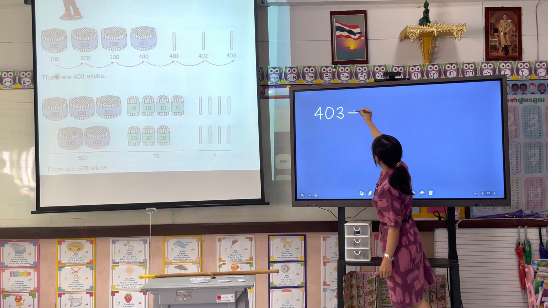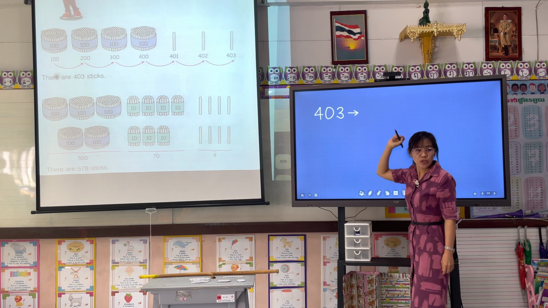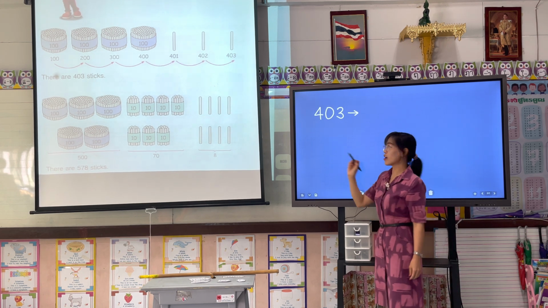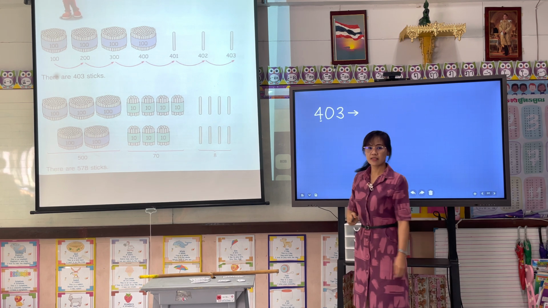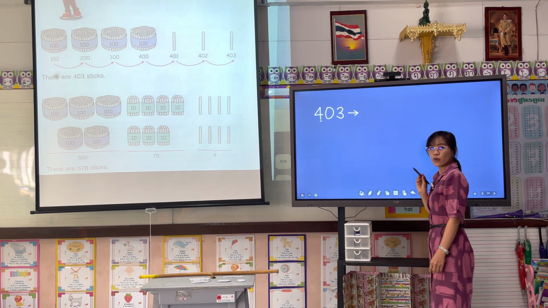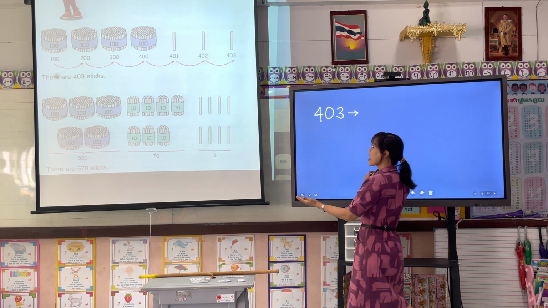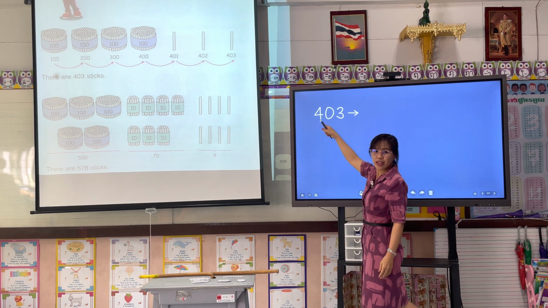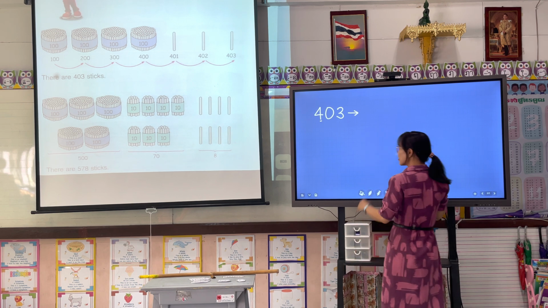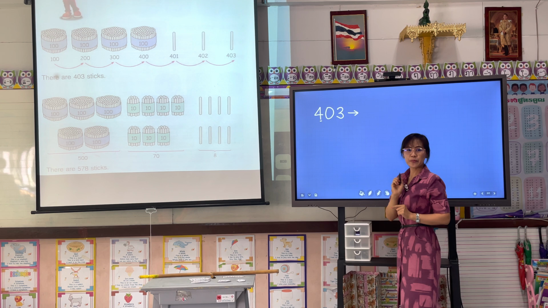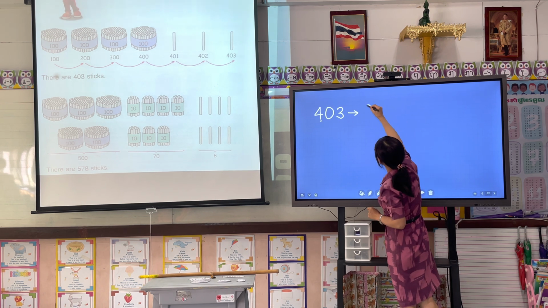How do we write this in English words? What is the English word? Can you spell 4 first? When we read numbers, we look at the left first. So the digit on the left is 4. So that is 4. How do we spell 4?